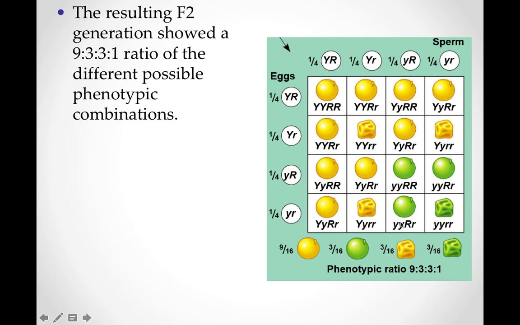We have 3 that were green and round: 1, 2, 3. And then we have 1 that was completely homozygous recessive, which was green and wrinkled. So of all of these, there are only 2 that are homozygous. This one is homozygous dominant. This one is homozygous recessive. The others are all heterozygous.